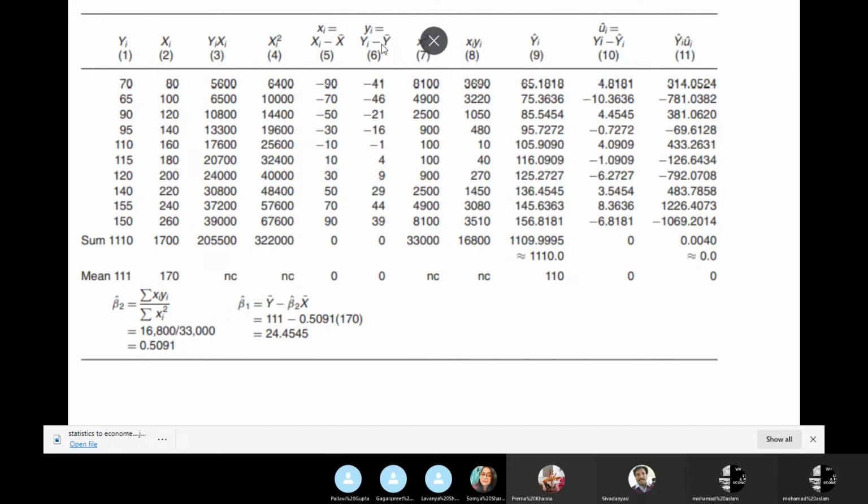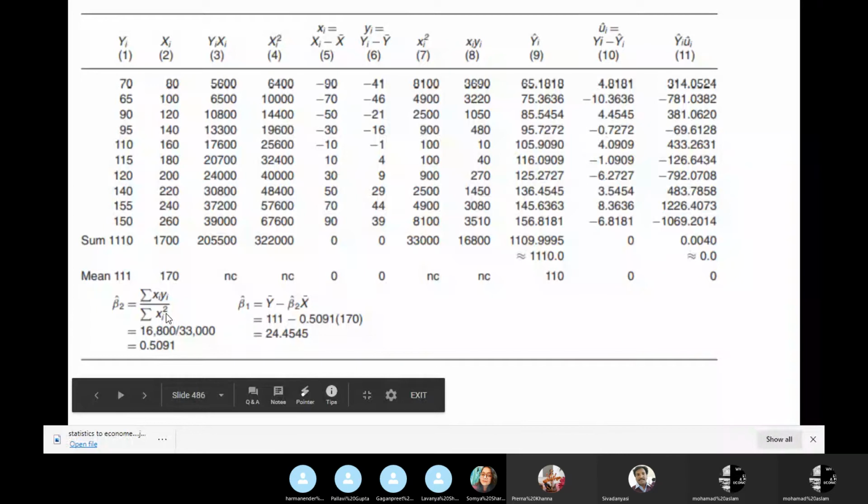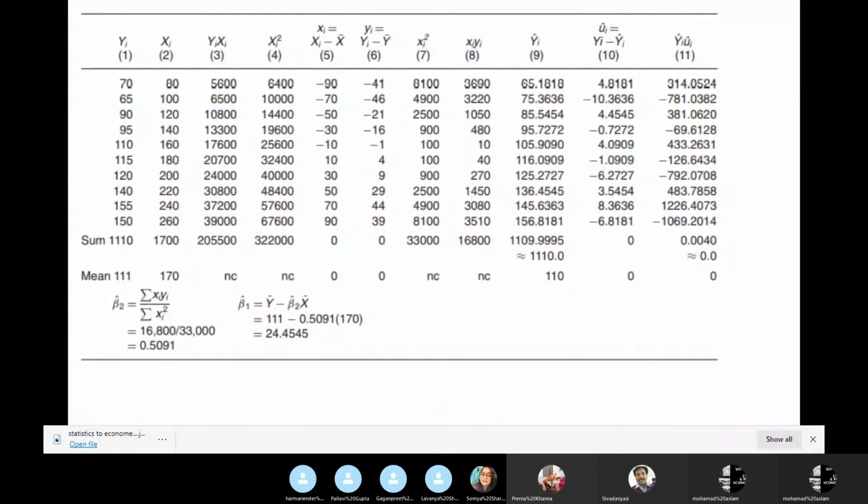Then subtract y minus y mean, and if you multiply both terms and take a summation, that's our numerator, the summation of small xi yi in deviation form. The denominator is the summation of (x minus mean) whole square.